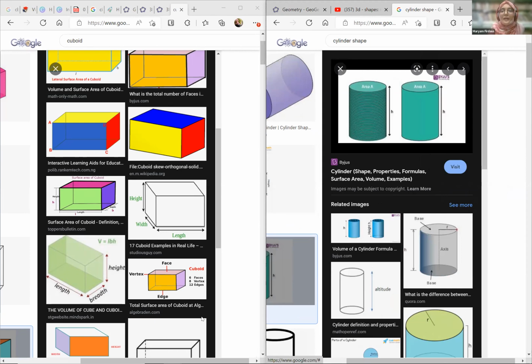Hiba, now tell me, how will you obtain a cylinder in the same manner that we obtained a cuboid and a sphere? Okay, before we get to that, when you slice through a cylinder, what will you get? Circle. Very good, a circle. And what is the difference between a sphere and a cylinder then?